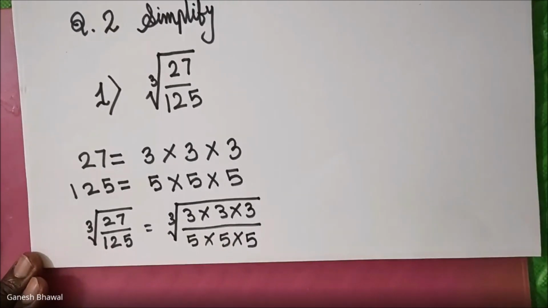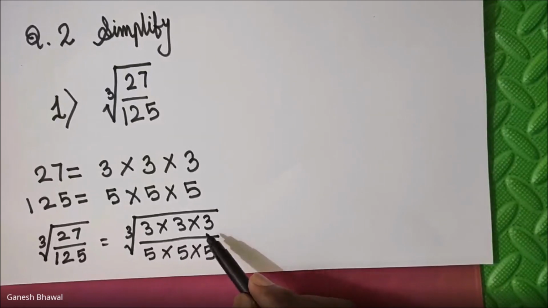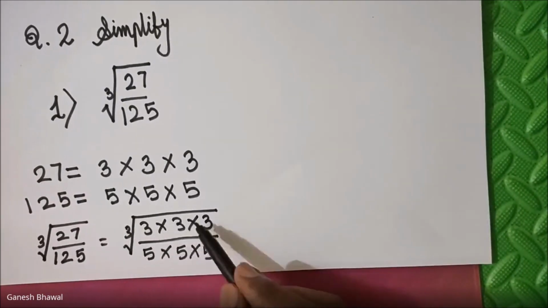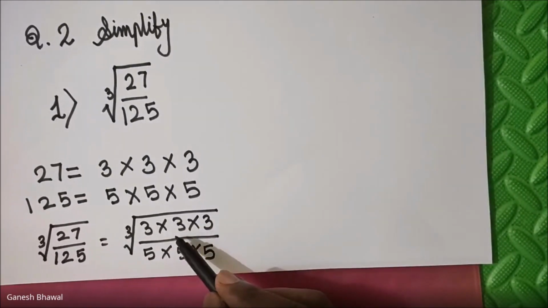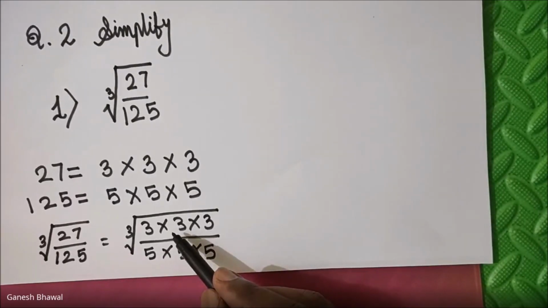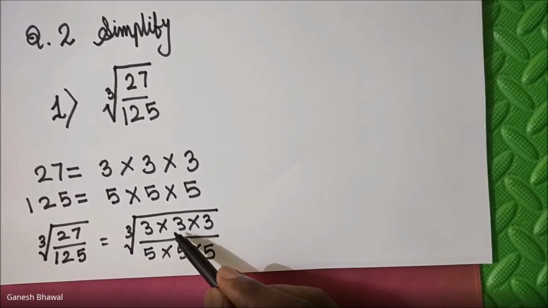Next step is, we have to take one number from each group. I will give some time to write it.